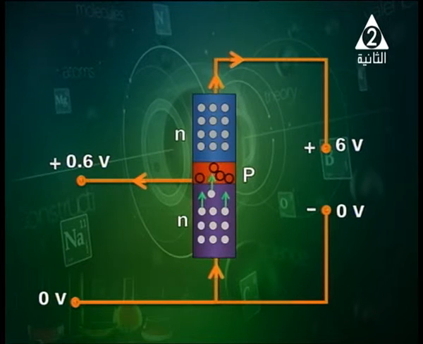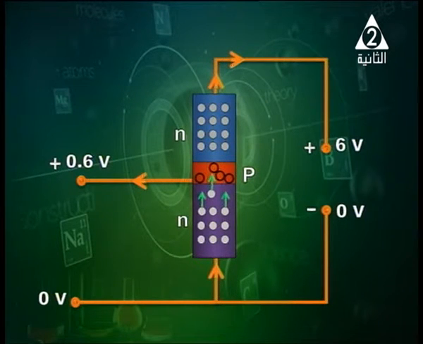But not all the electrons that cross the base reach the collector. This is a very important piece of information. Some of the electrons combine with some holes.